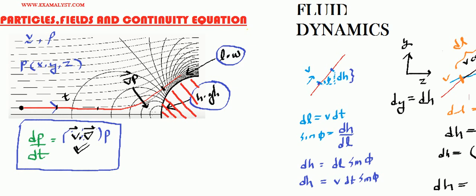So the rate of change of pressure that it is going to experience depends on the velocity v and the pressure distribution in the fluid, where p represents the pressure distribution. I think it's quite clear now. We will use this formula to understand Euler's equation in the next lecture.